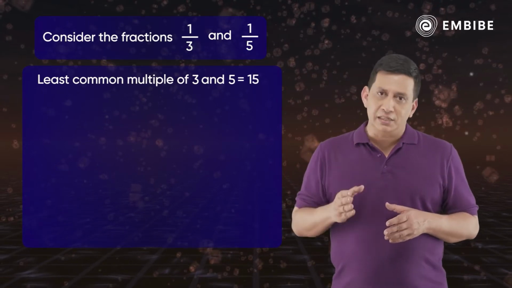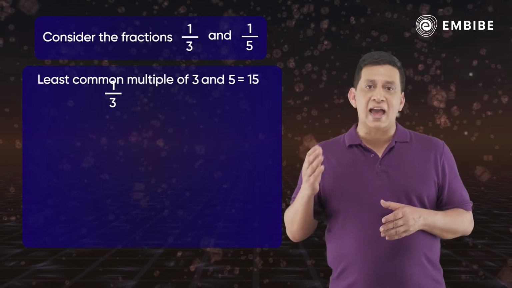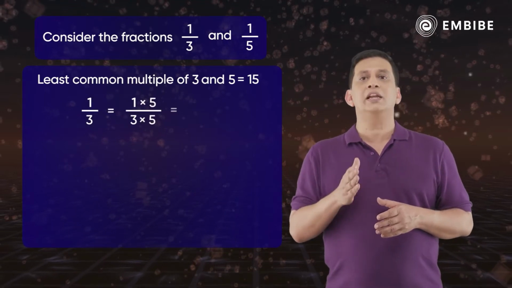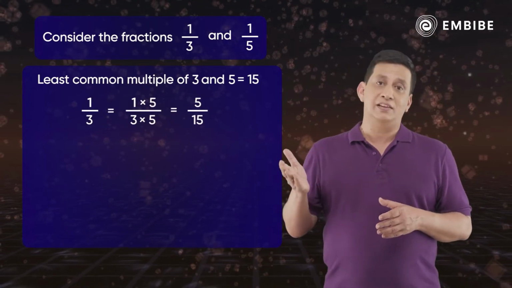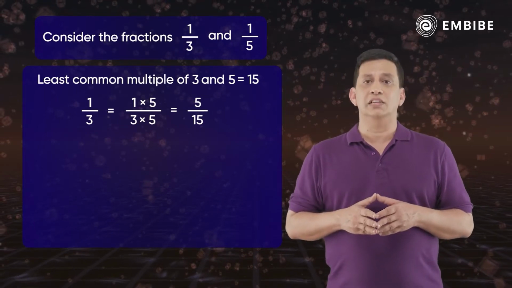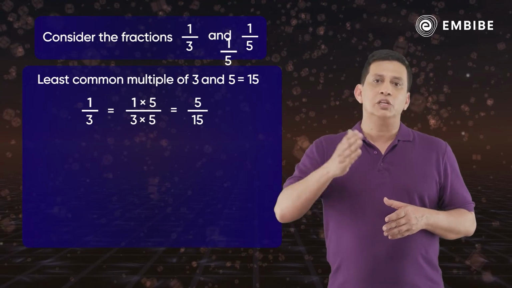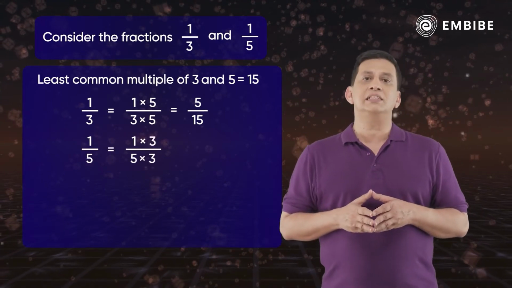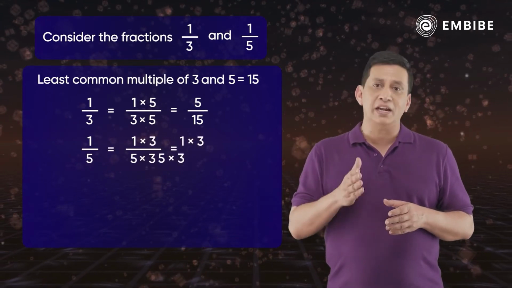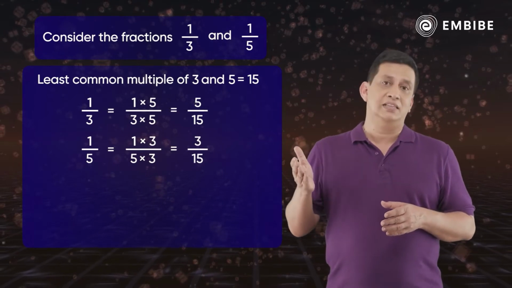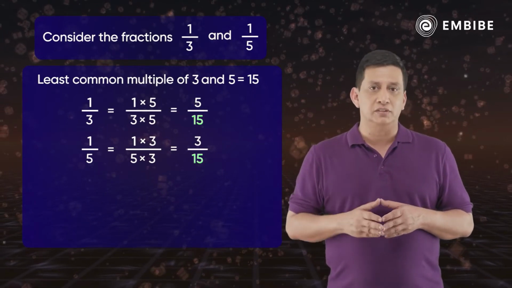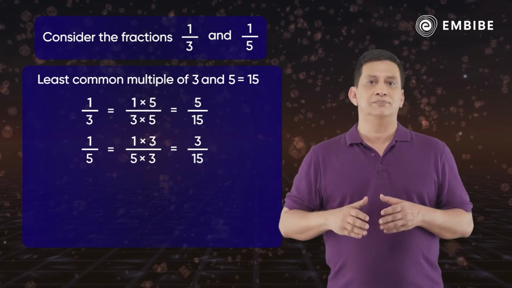So, multiply the numerator and denominator of 1 by 3 by 5 to get an equivalent fraction, 5 by 15. Similarly, multiply the numerator and denominator of 1 by 5 by 3 to get an equivalent fraction, 3 by 15.